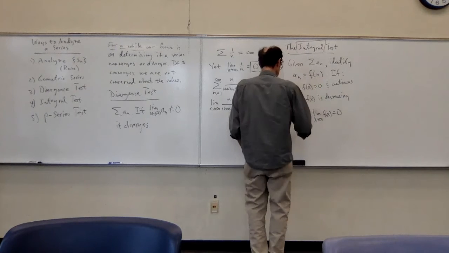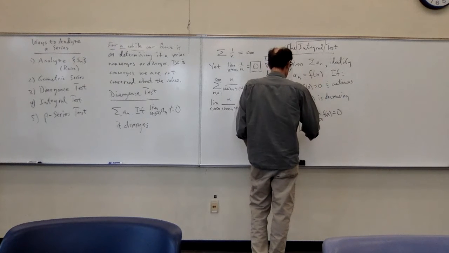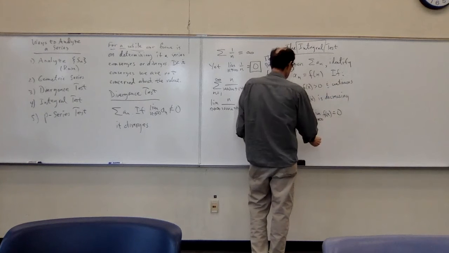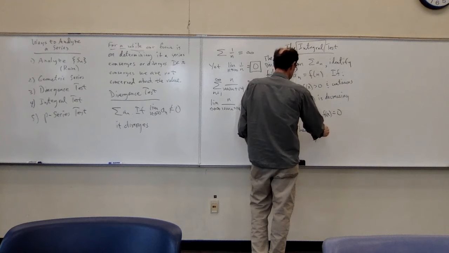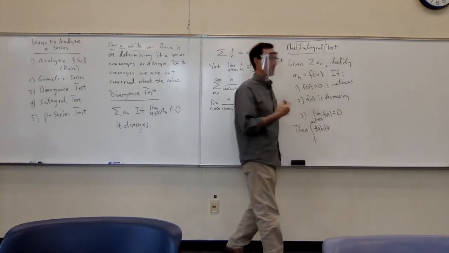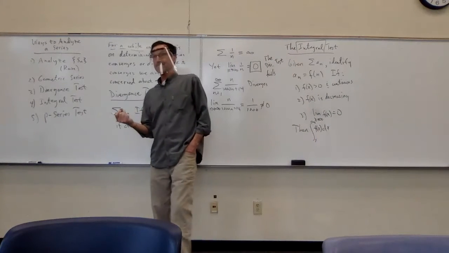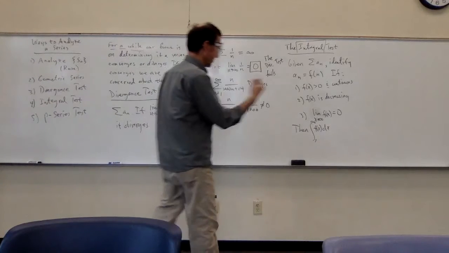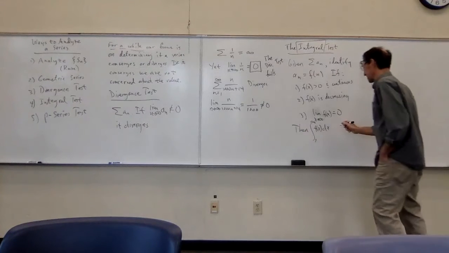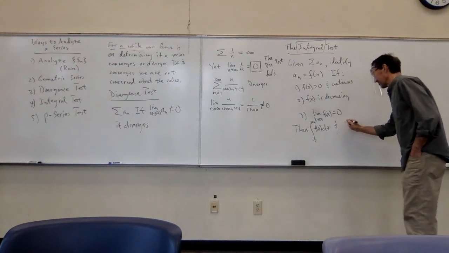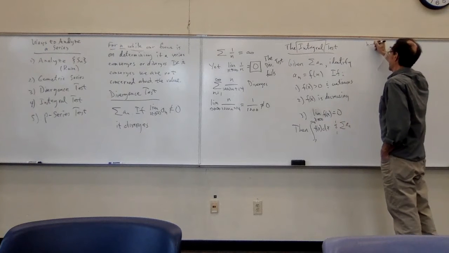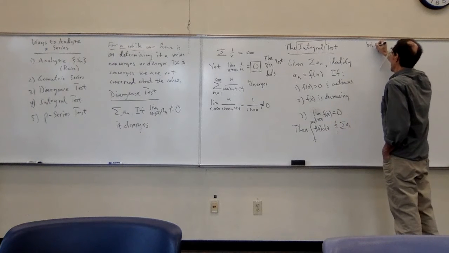If those three things are true, then the integral from wherever we start, I'll use one, it doesn't really matter, of f of x dx, the improper integral of this function from some starting point to infinity, and the series that we started with have the same behavior. They behave the same.